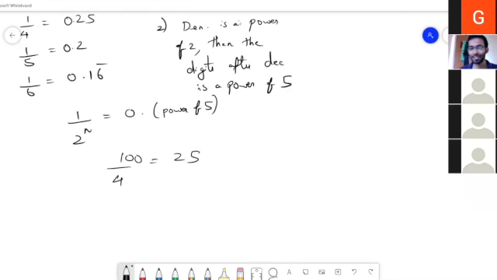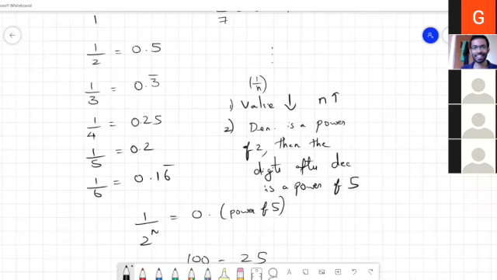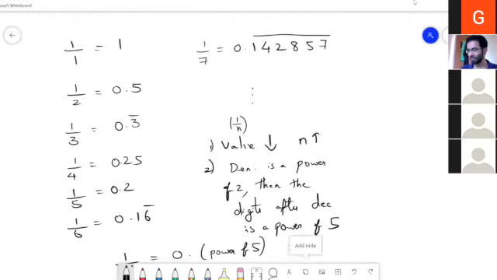1 by 2 is 0.5. So 0.5 is 5 into 1 upon 10. Correct. So how many times 2 occurs in the denominator, that many times 5 occurs in the numerator and 10 occurs in the denominator.